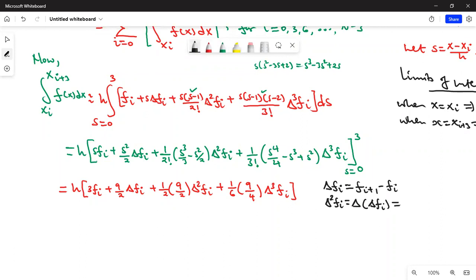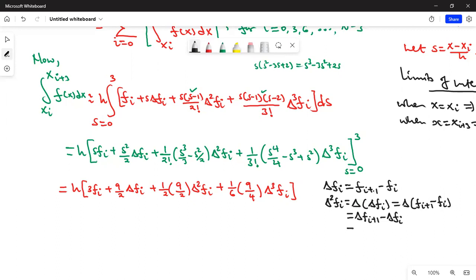And so that is forward difference of fi plus 1 minus fi, which you can write as forward difference of fi plus 1 minus forward difference of fi.